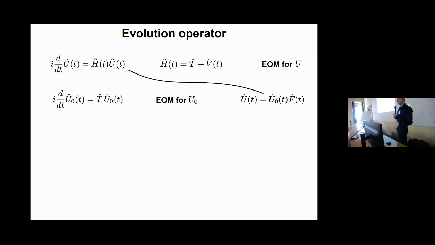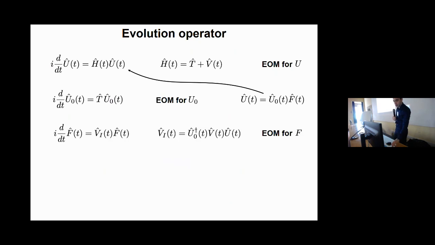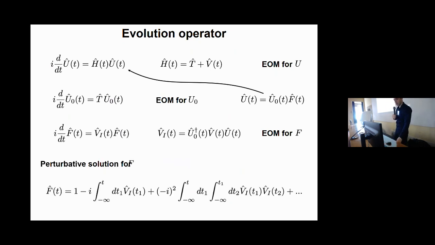We write U, the full U, as the product of U0 times something we don't know, so we put all our ignorance in F, and we generate an equation of motion for F, where this V appears written in the so-called interaction picture, and we integrate this equation and find an expression that is perturbative for the evolution F.